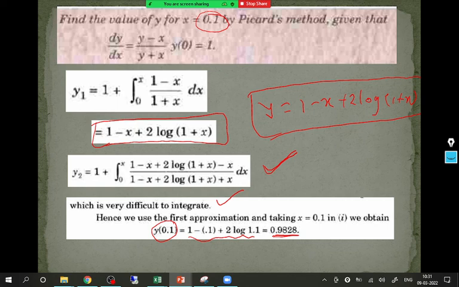Really, Picard's method is a very simple method. All the numerical methods are simple, because the direct method becomes complicated or lengthy. Because of that, numerical methods are preferred, which are generally simpler to evaluate than the direct method. That is the main purpose of numerical methods.